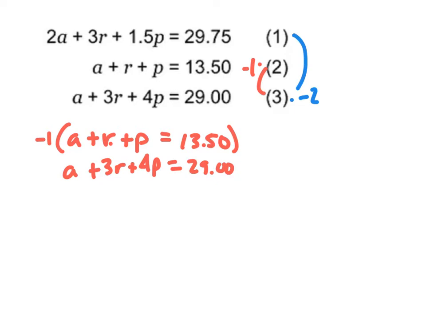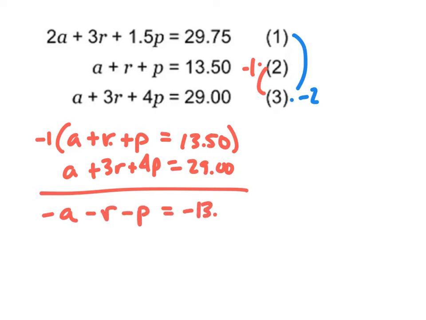So as a result, I'm going to get negative A minus R minus P is equal to negative 13.50. Wouldn't the A's just cancel out? They will. Yeah, but I'm just doing the steps. So I've got A plus 3R plus 4P is equal to 29.